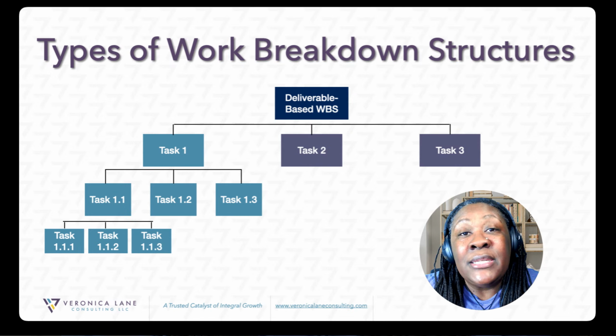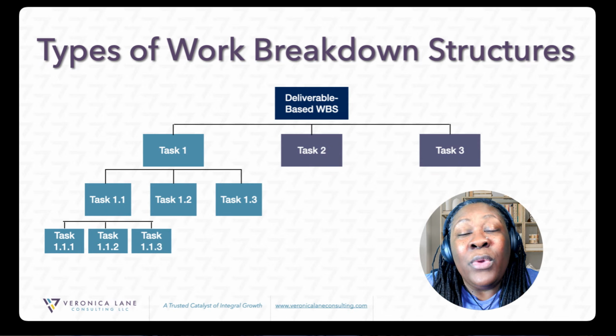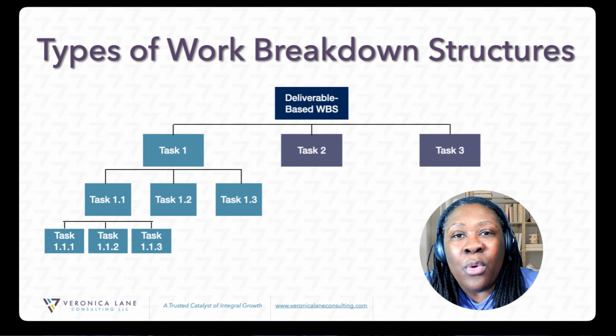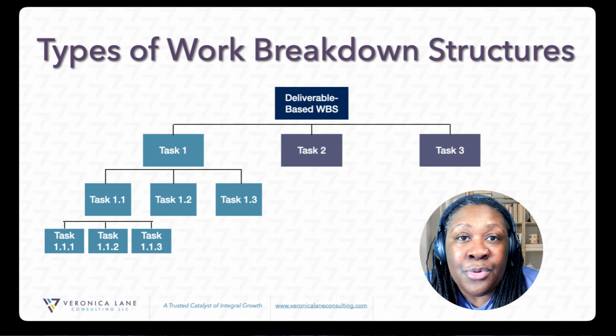So what if our team has come together and maybe we're a part of a cross-functional team, maybe we're not, but we've outlined what all of our tasks are. So we might have said we need to work through our requirements. What are those? We could say that we need to work on training. So that might be task two.